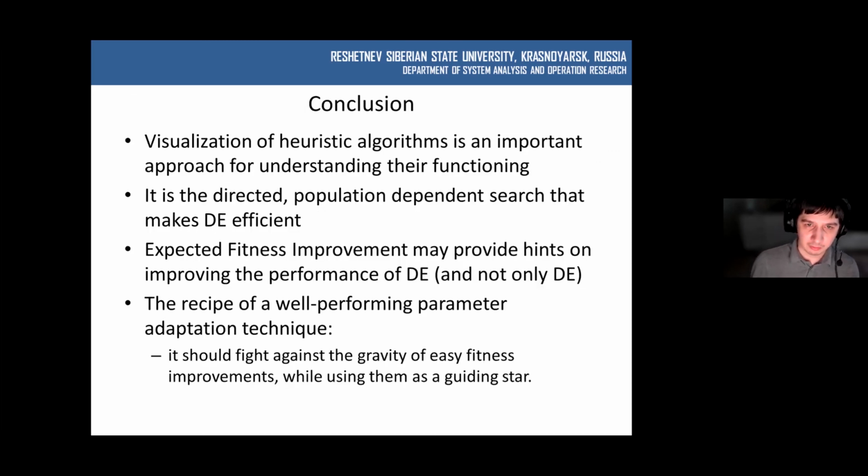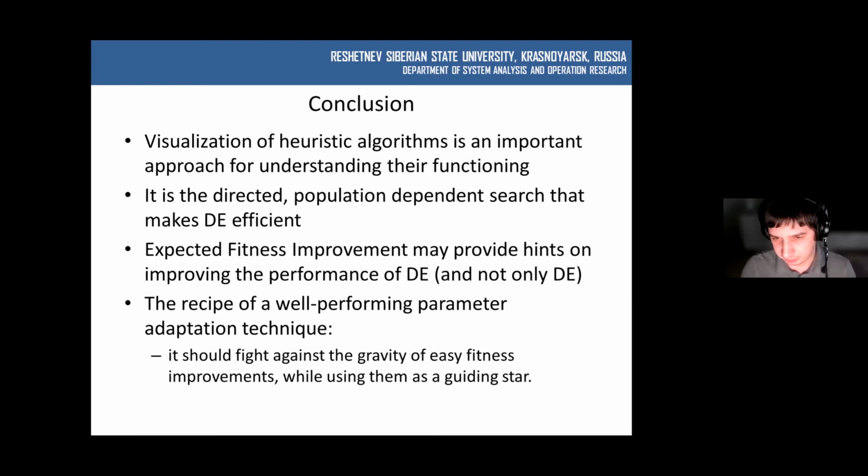So, okay, several words in conclusion. First of all, visualization is a very important part to understand the algorithms that you're working on. Try to visualize it somehow. Maybe some of the ideas that I have shown today could be used by some of you.